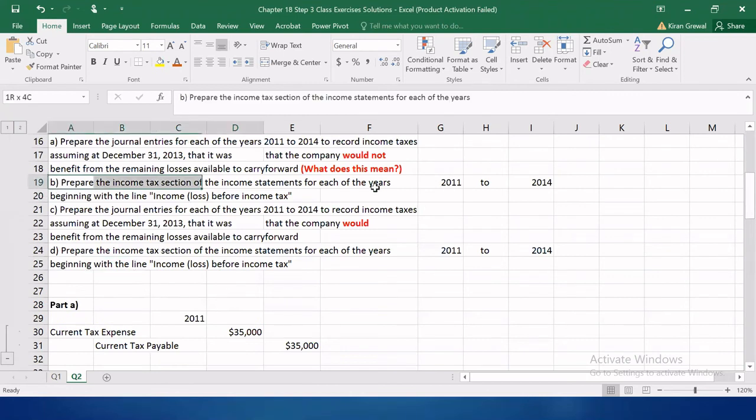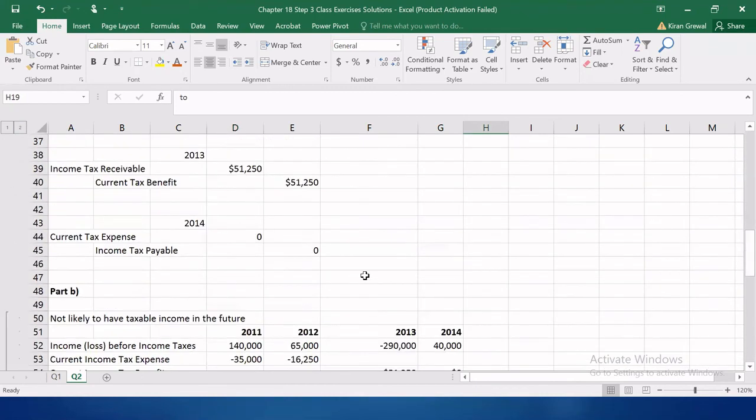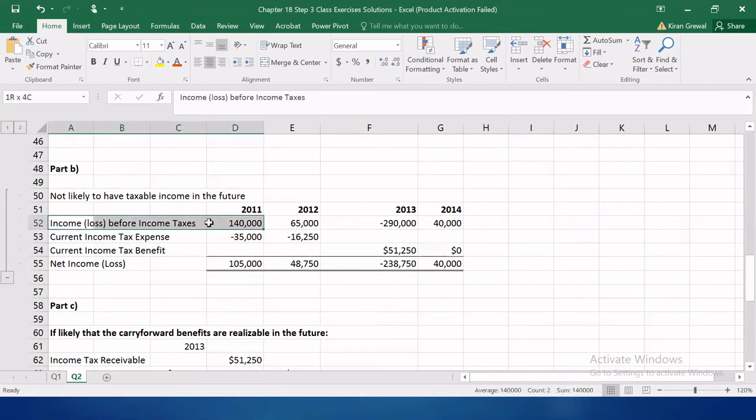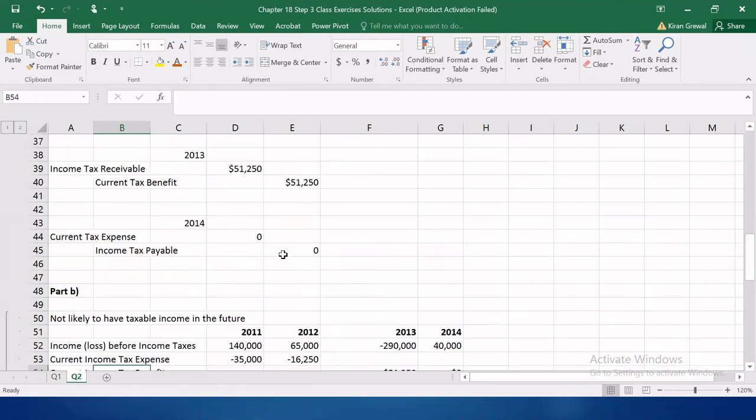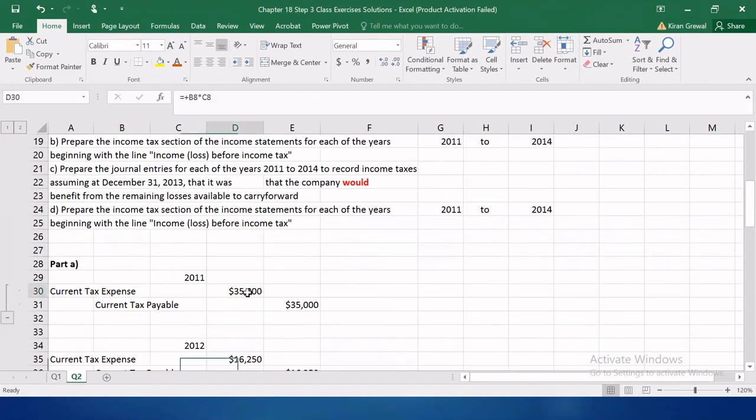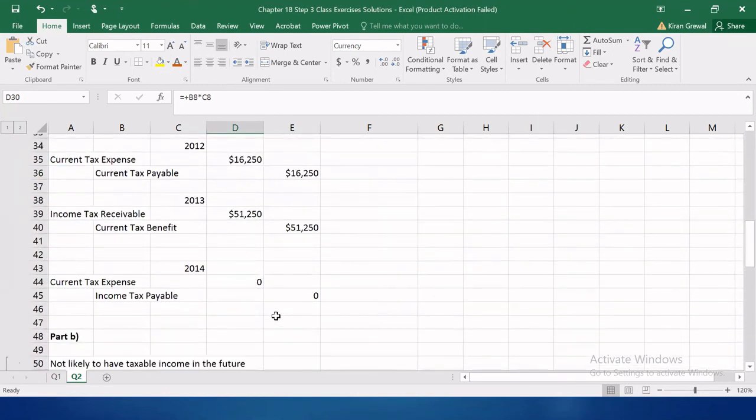Now let's do the income statement presentation for 2011 to 2014. So net income or loss before taxes, or current tax expense, current tax benefit. So just look at your journal entries, right? Whatever hits the expense. So here we had current 2011, we had current tax expense of 35,000.